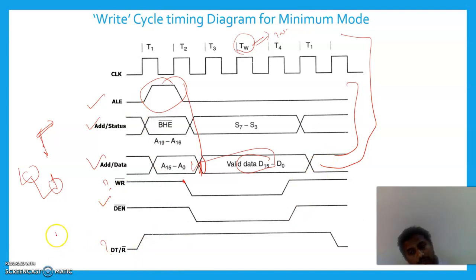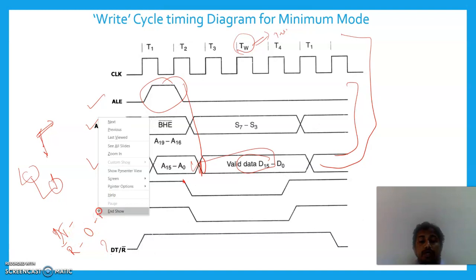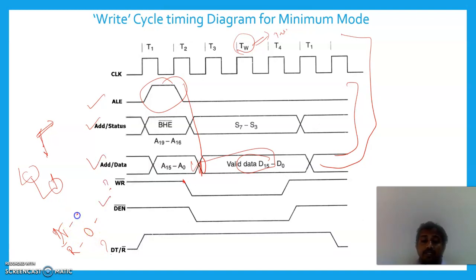This is data transmit and receive: when it is zero, it is a read, and when it is one, it is transmit, a write. This is the time cycle for your read and write cycles in the minimum mode.